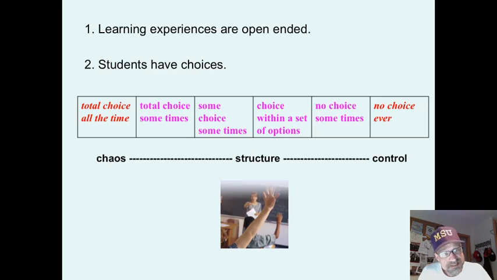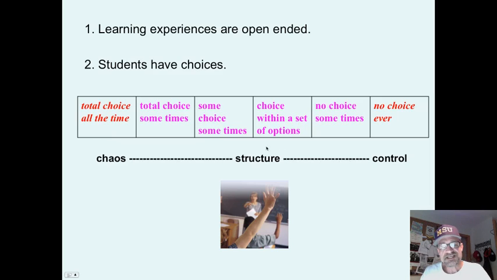Students have choices in topics, study methods, methods of demonstrating learning, books to read, things to write about, assignment descriptions. All right. Now, choice does not mean total choice all the time. Students have choices, some choice. No choice ever, that's control. Nobody likes that. Total choice all the time is chaos.